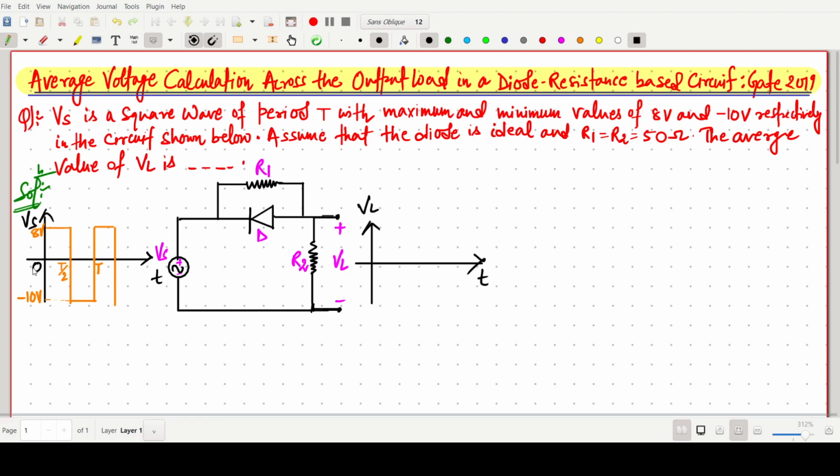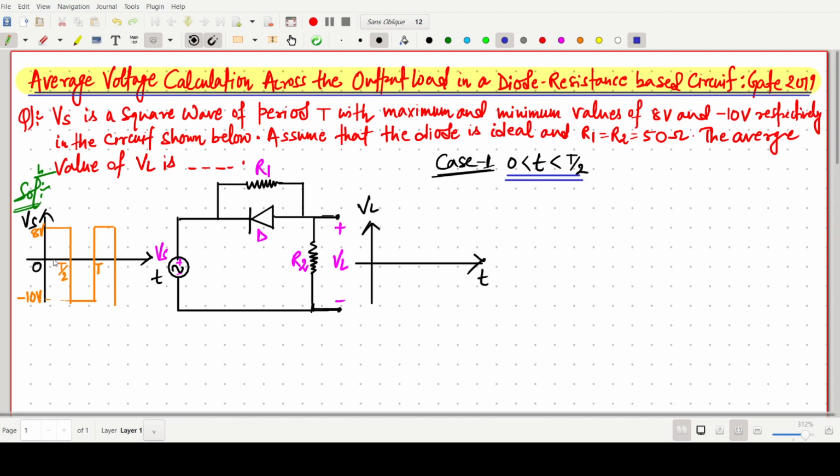First we have to think about when the time is between 0 to T by 2. So I am considering case 1, when t lies between 0 to T by 2.